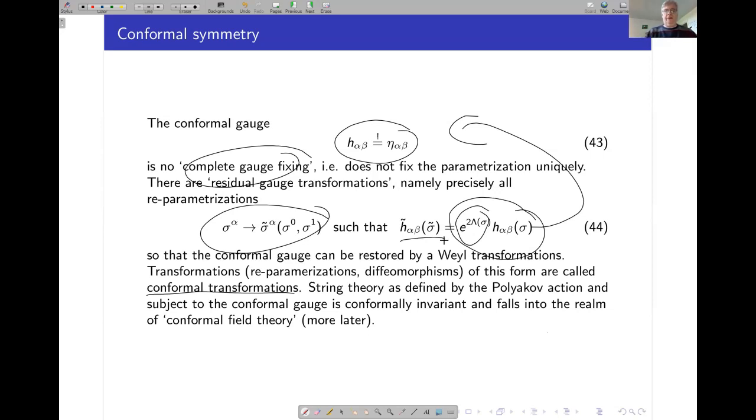And therefore, when we work with string theory defined by the Polyakov action and impose the conformal gauge, we have a special type of two-dimensional field theory, namely a conformal field theory, and that will indeed be a major topic in the middle part of the course. So technically, we'll have 6 parts, and parts 2 and 3 will develop conformal field theory aspects of string theory.